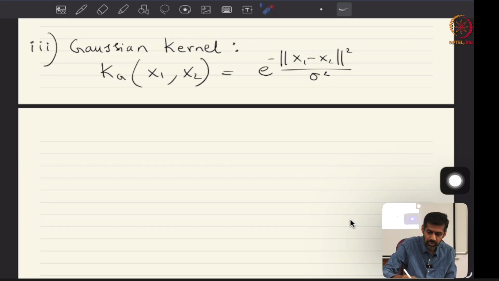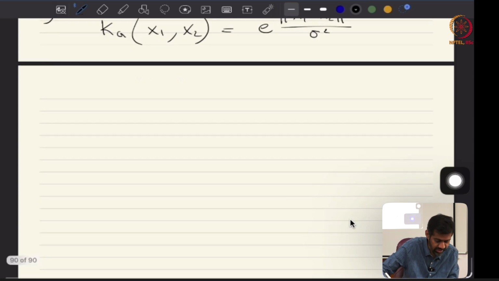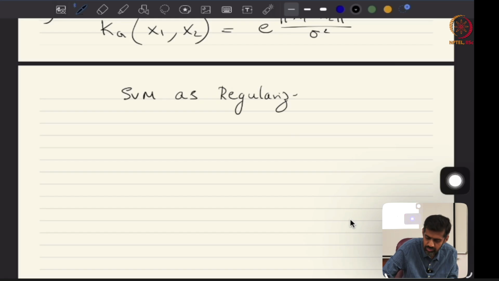Now there is one little piece that I have to do before we complete this discussion, which I will take 10 minutes to complete. So we will look at SVM from an ERM lens, as regularized ERM.